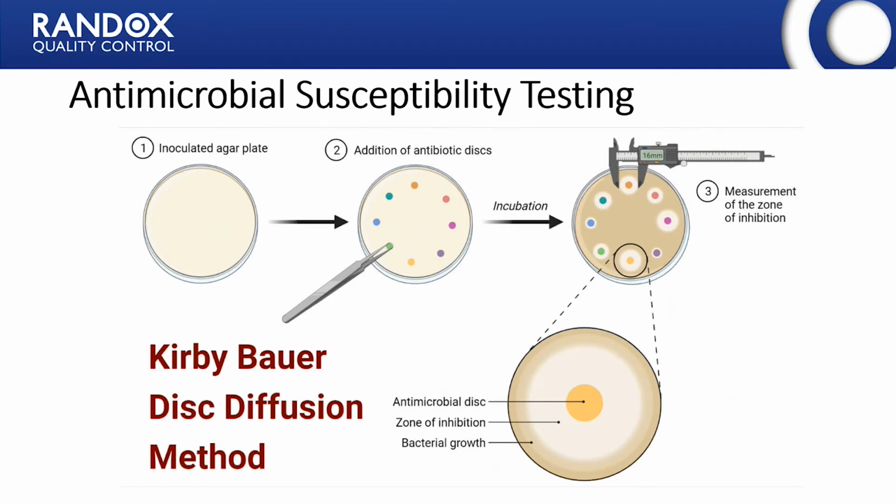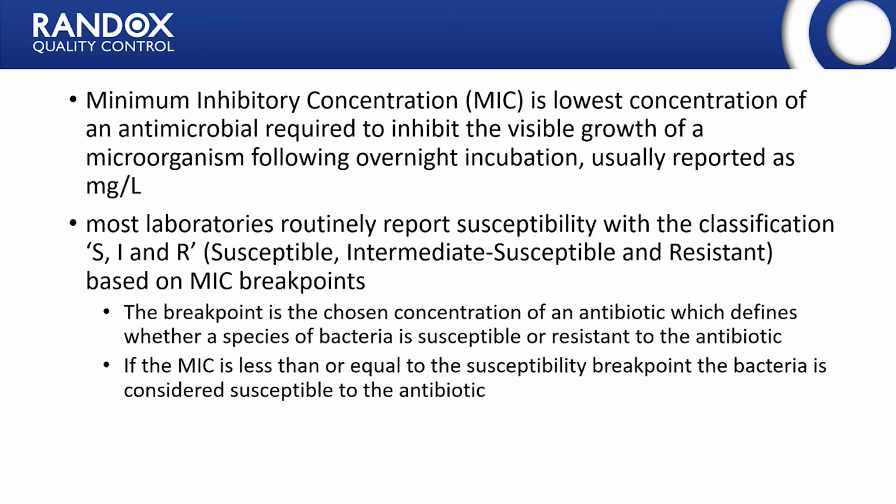It's useful to see what antibiotic is useful against a certain microbe, but it doesn't give you what we're looking at in the next slide. It doesn't give you this MIC, the minimum inhibitory concentration, which is the lowest concentration required.